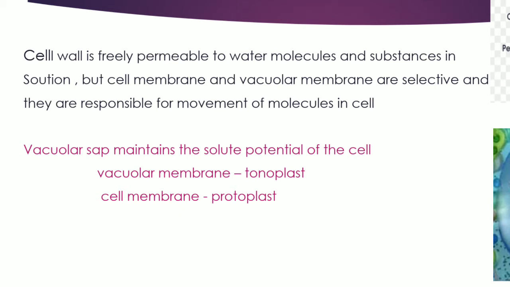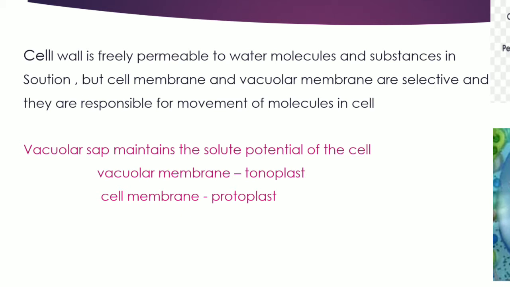It means they have some special proteins or protein channels which maintain the diffusion or concentration gradient. They involve facilitated diffusion and, because they are selective, they are responsible for the movement of molecules in the cell.